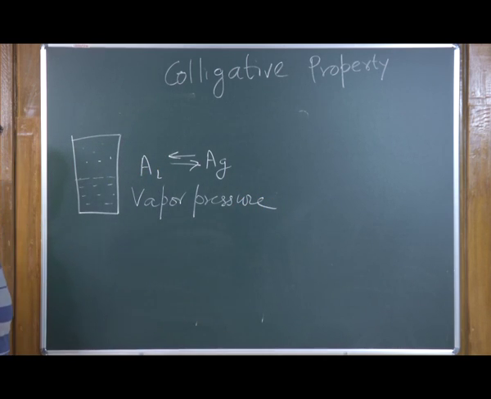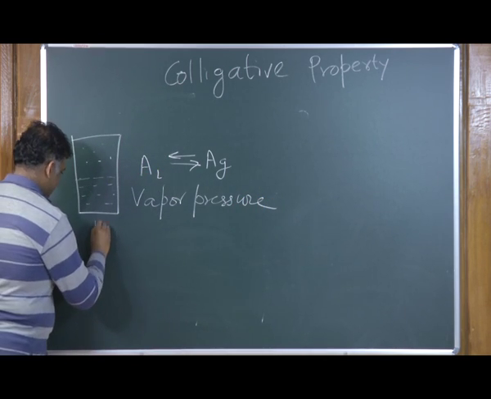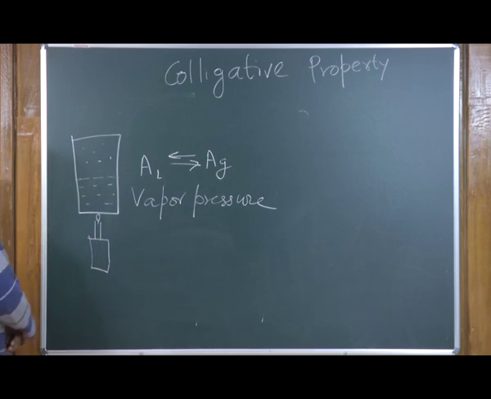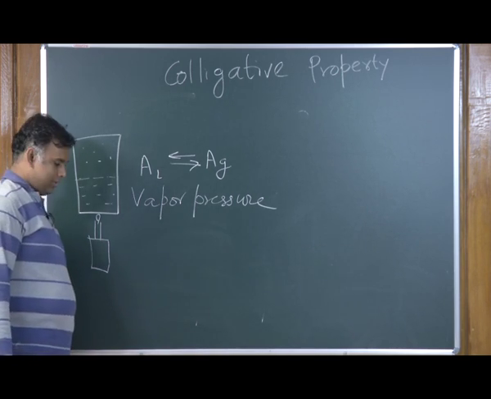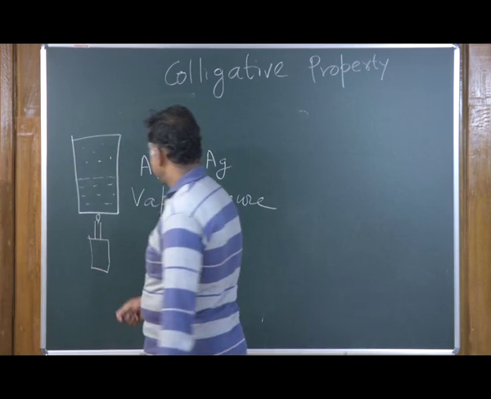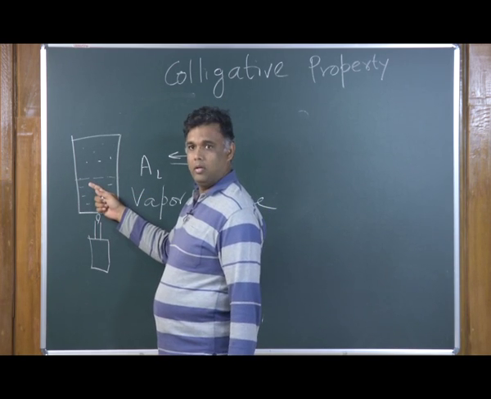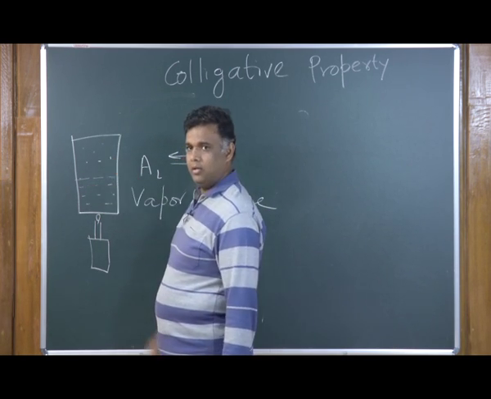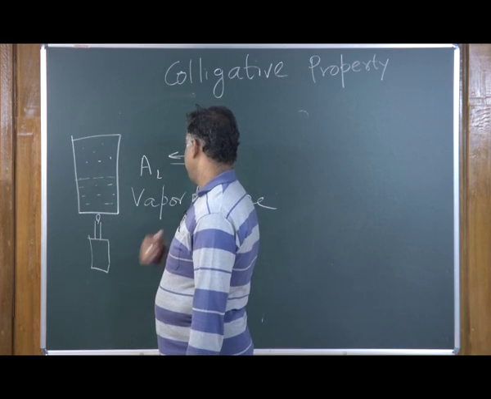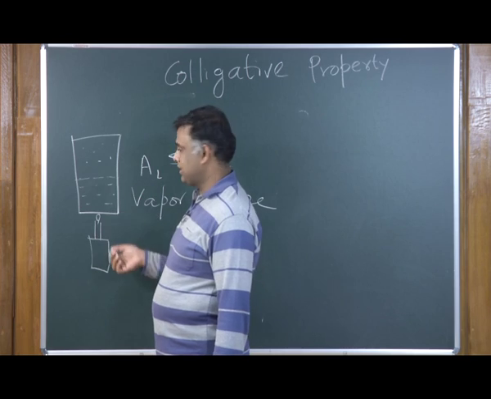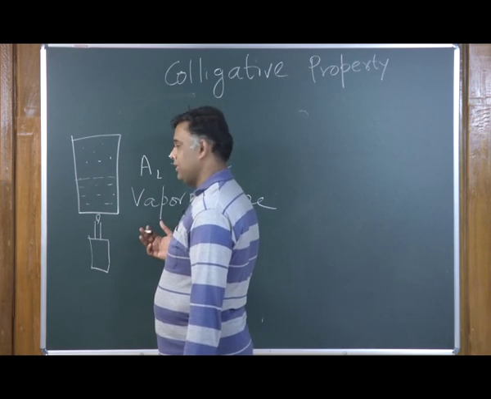Now, if I start increasing the temperature, if I start providing some heat to this system, as I am increasing the temperature, of course, there would be a tendency for the solvent molecules to escape from the liquid phase into the gaseous phase, and every time there would be a new dynamic equilibrium as we increase the temperature, and the vapor pressure would keep on increasing.